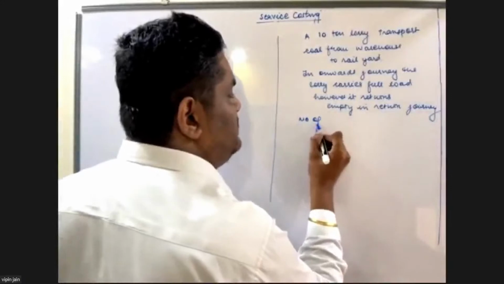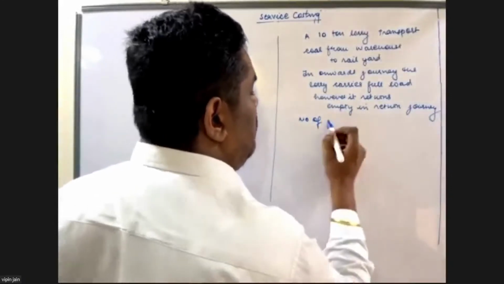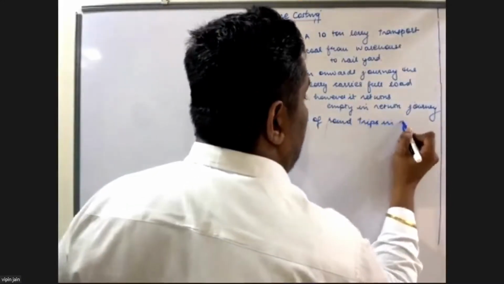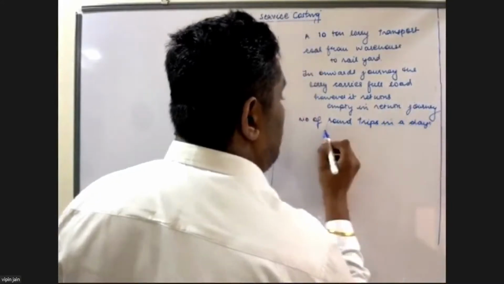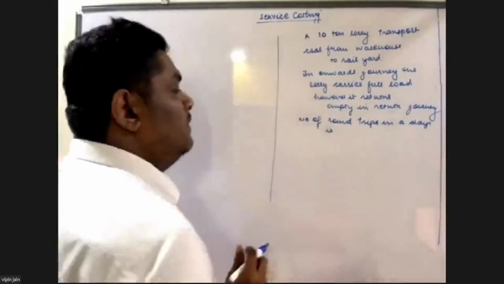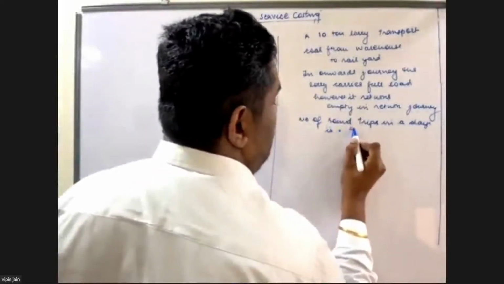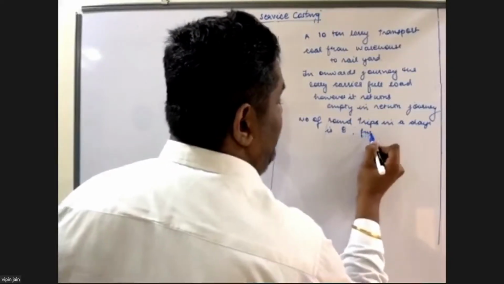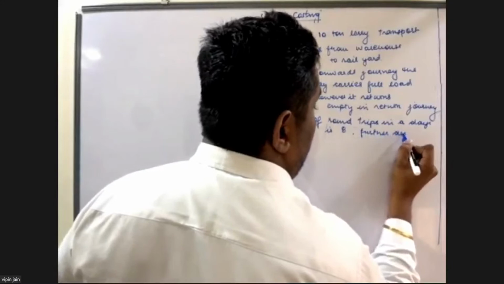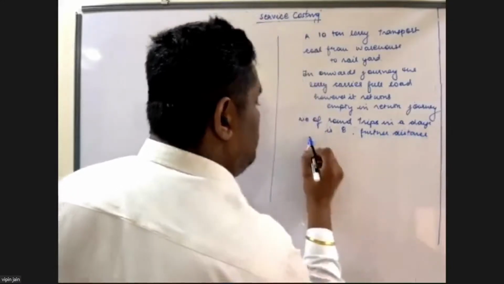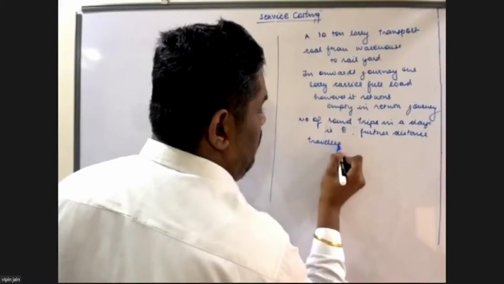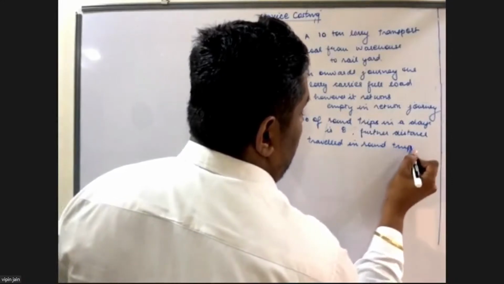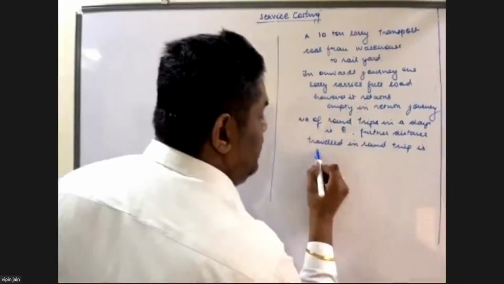The number of trips further, distance traveled in round trip is 30 kilometers.